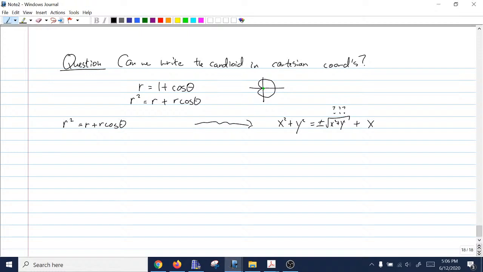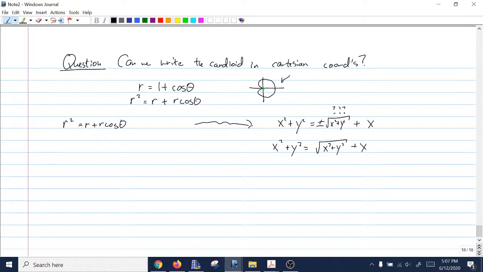I can pick the positive because if I go through quadrant by quadrant, I can check that r is always positive for 1 plus cosine theta. 1 plus cosine theta is always positive, so r is always positive.